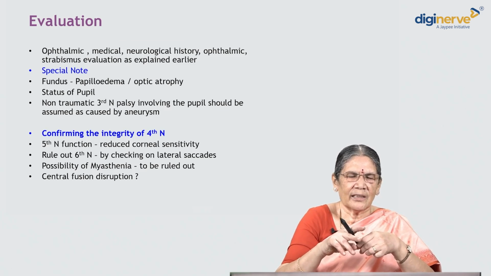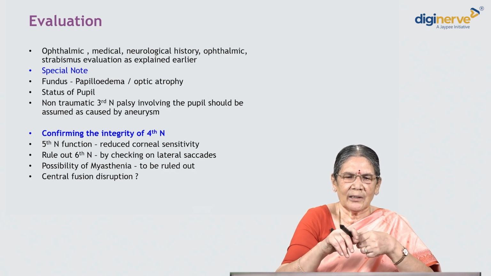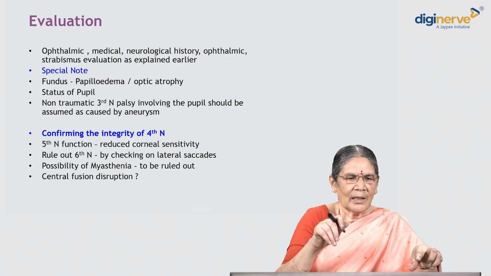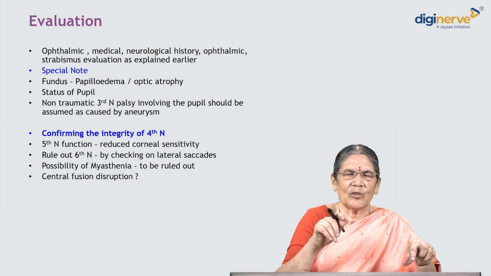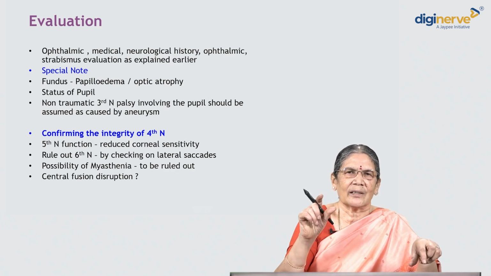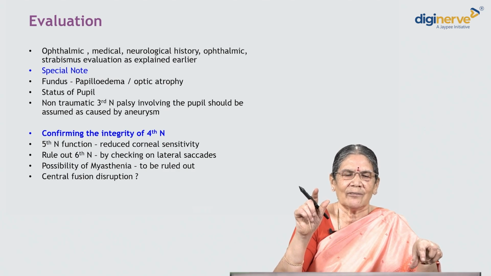Apart from a routine history, you give importance to ophthalmic, medical, and neurological history as we explained under evaluation of strabismus. And under strabismus evaluation, I have explained what are the things to look for. The special note is here: the fundus should be checked for the presence of optic atrophy for any compressive lesions, or papilledema for a space occupying lesion where you can have increased intracranial pressure.